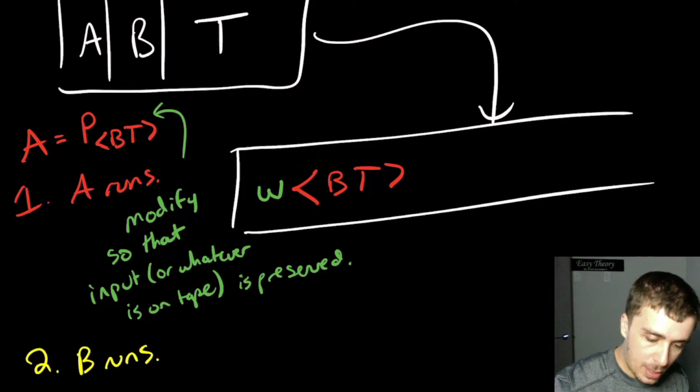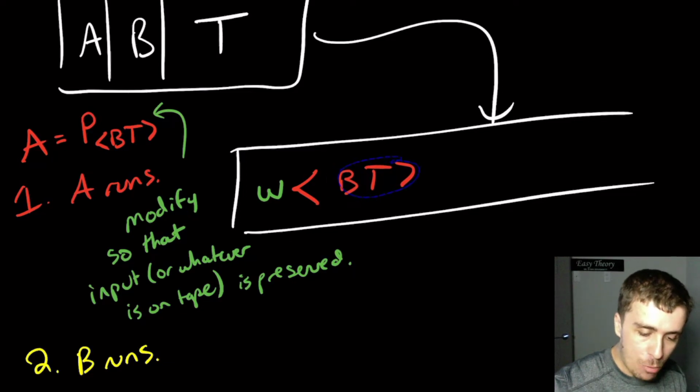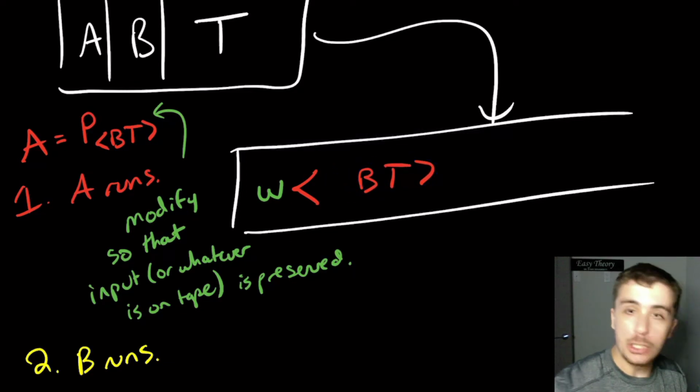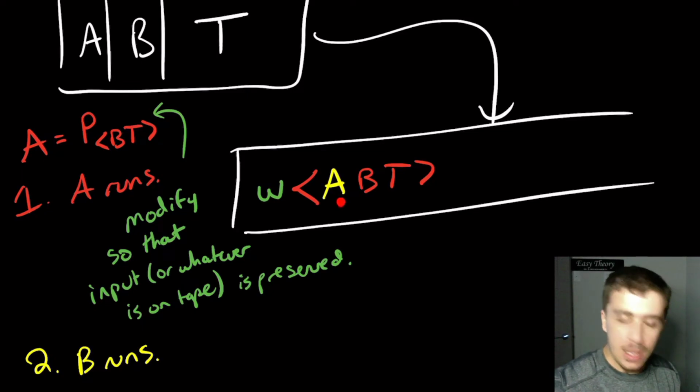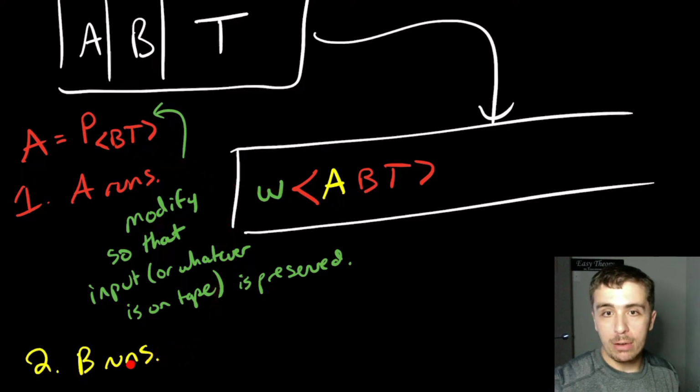So when B runs, we're going to have the description of A on the tape, and we can finagle it in a way so that the A machine, which is computed when computing the convert to Turing machine function, is going to be inserted right there, which is pretty dang cool. So now we have ABT right here.